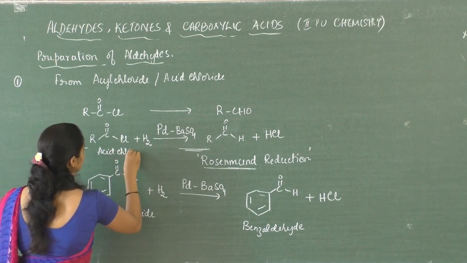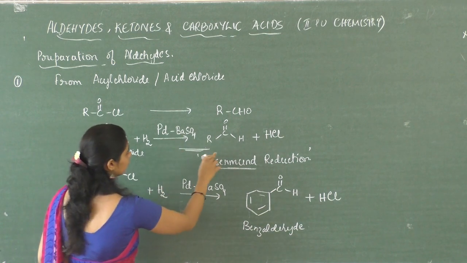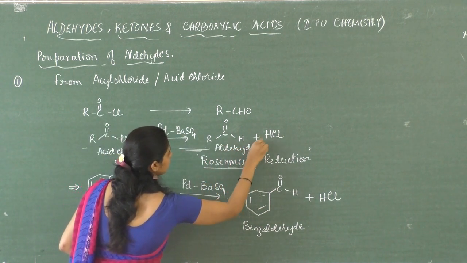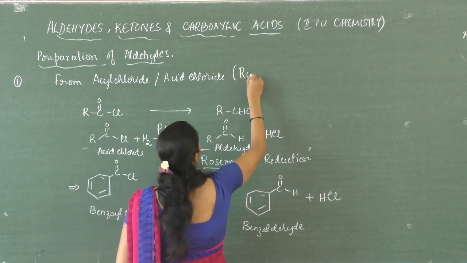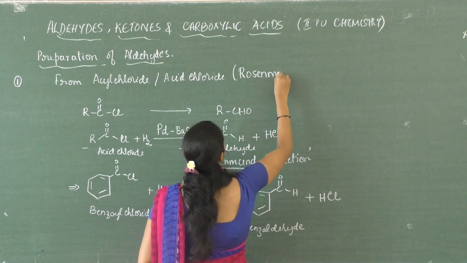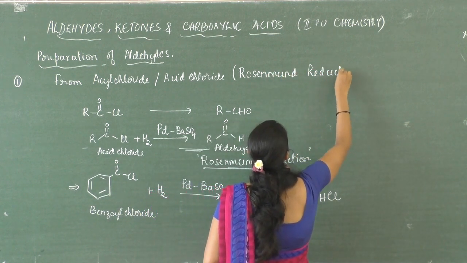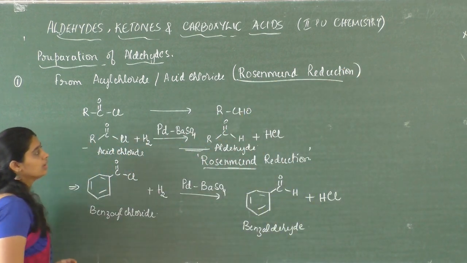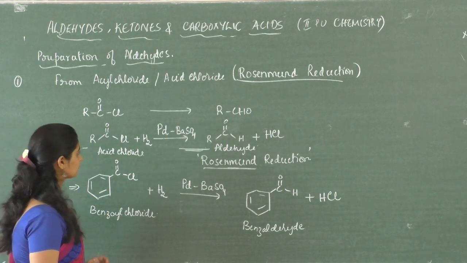This is acid chloride plus H2, Pd BaSO4. This gives aldehyde and HCl. The name of the reaction is called Rosenmund reduction. So the first method of preparation of aldehyde is by Rosenmund reduction reaction.